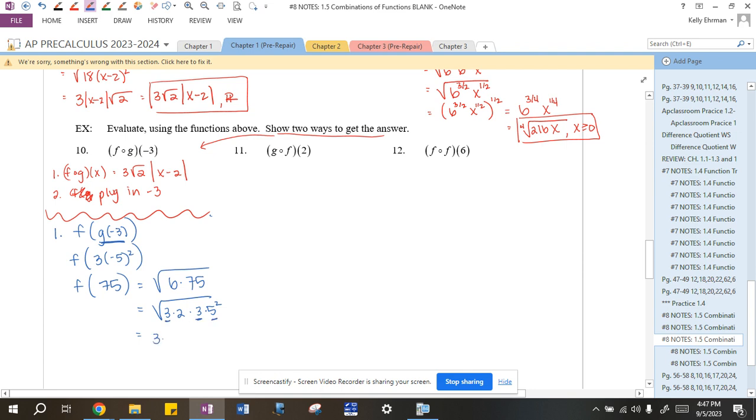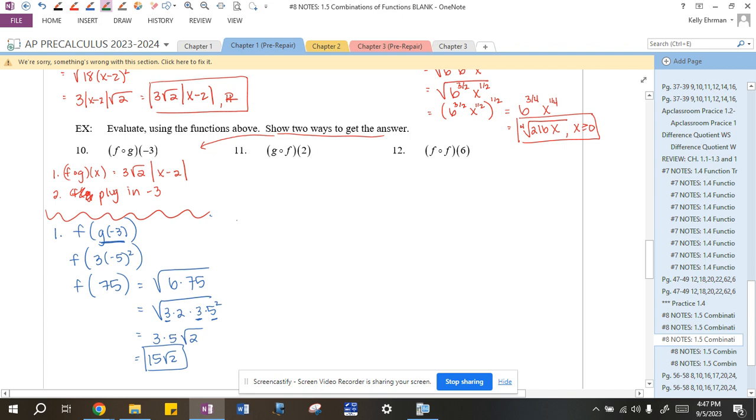I can pull a 5 out. And I can leave a 2 underneath. So 15 radical 2 is my answer. Now again, that seems a lot more complicated than getting f composed with g and then plugging a number in. And maybe this is. But most of the time, it's faster to evaluate the inner function, get that answer, plug that into the outer function.